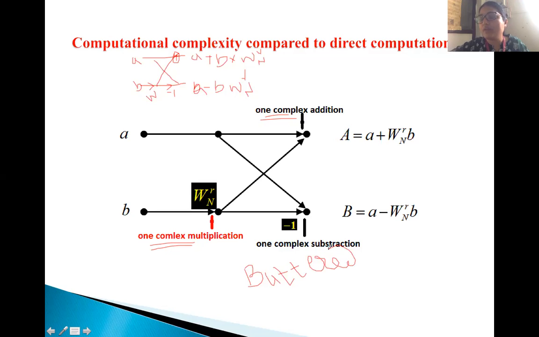Why we have adopted this structure: I will show you how the number of computations is reduced because of the use of the DIT FFT algorithm or DIF FFT algorithm. The computations are drastically decreasing.